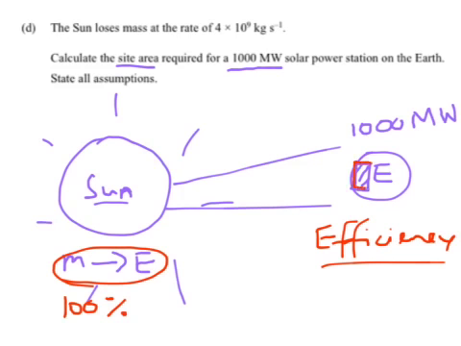We also have to consider the solar panels, assume that we can get 100% efficiency there, and also that we can perhaps ignore the curvature of the Earth. Maybe that might affect things as well. We're going to have to look at the distance from the Sun to the Earth. We've been given that in an earlier question, so that was quite important as well.